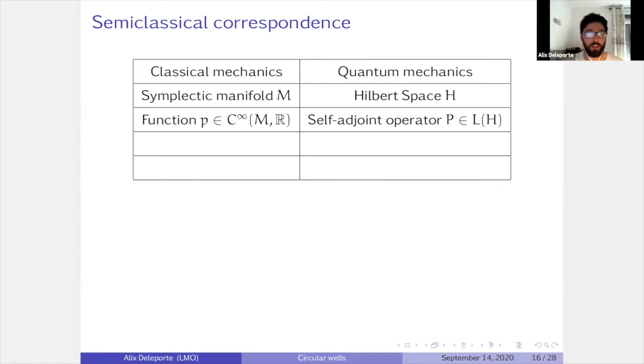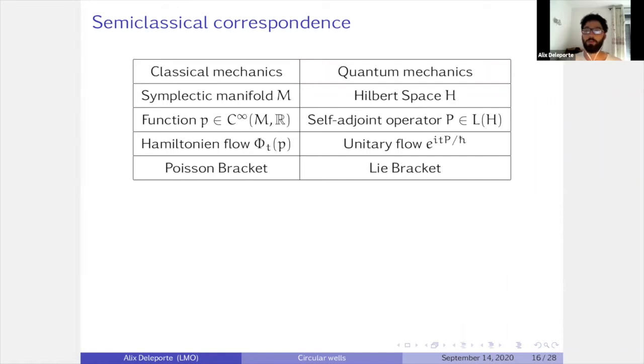Given this function, or given the self-adjoint operator, the equations of motion are given on one side by the Hamiltonian flow, and on the other side by the unitary flow of your operator.